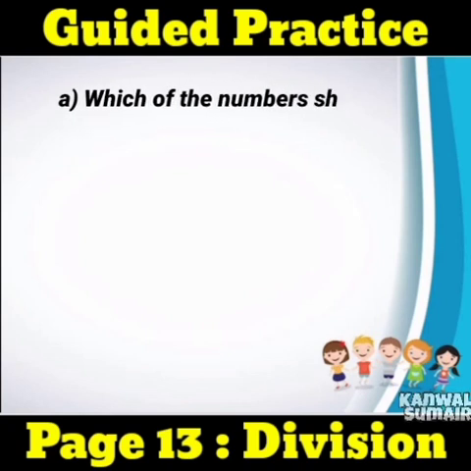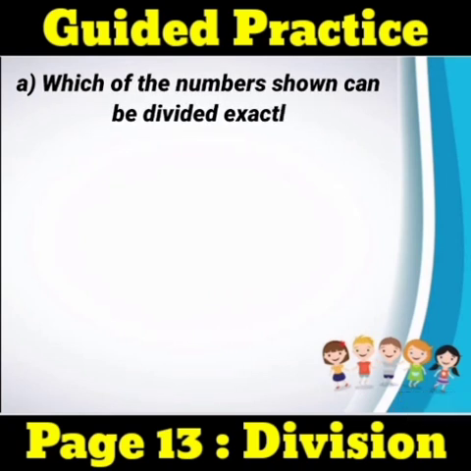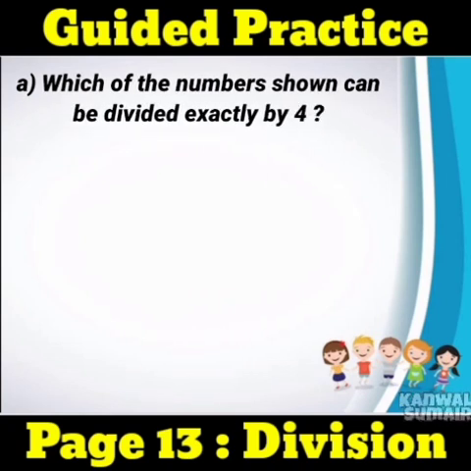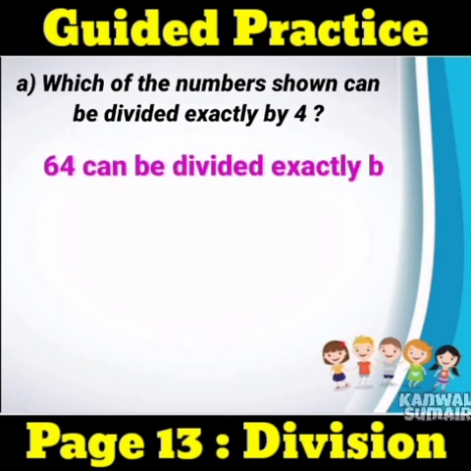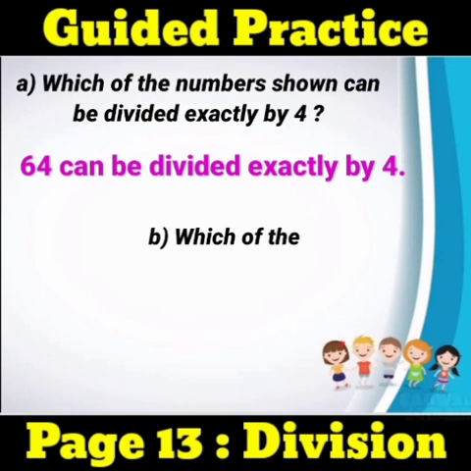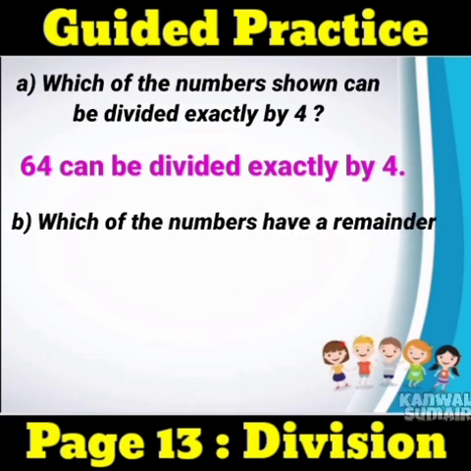It's time to write the answer statements. Part A of this question was, which number is divided exactly by 4? So the answer is 64 is divided exactly by 4. Part B was, which numbers have a remainder of 3 when divided by 4?